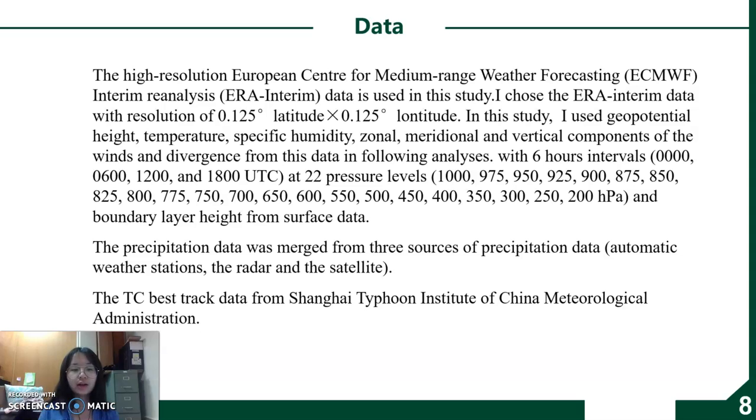The boundary layer height from the surface data from ERA-Interim data is also used. The precipitation data was merged from 3 sources of precipitation data. The tropical cyclone best track data was from Shanghai Typhoon Institute of China Meteorological Administration.